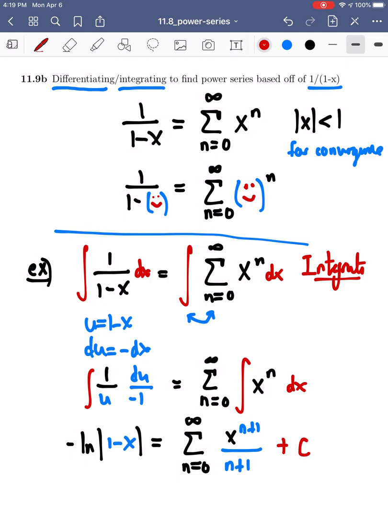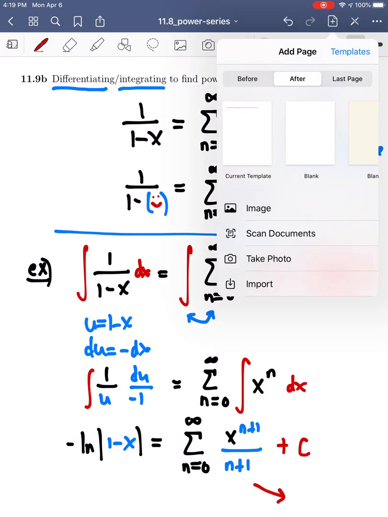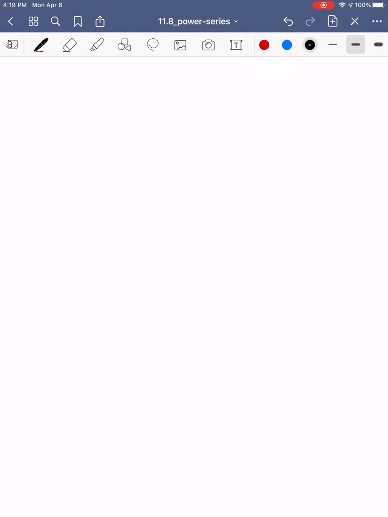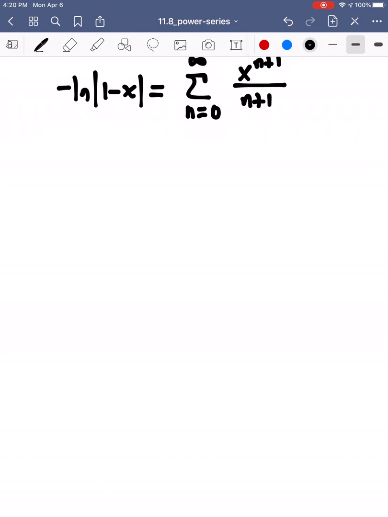And we found something rather interesting. We have that minus the ln of 1 minus x is equal to this power series of n equals 0 to infinity of x to the n plus 1 all over n plus 1 plus c.